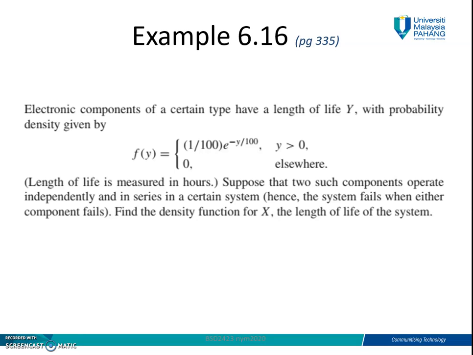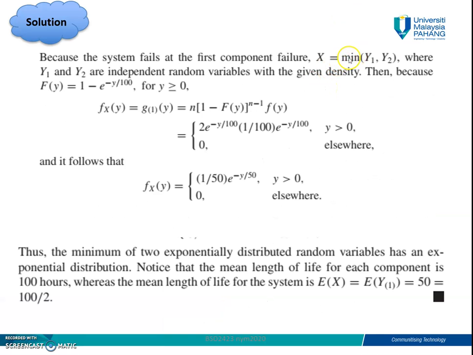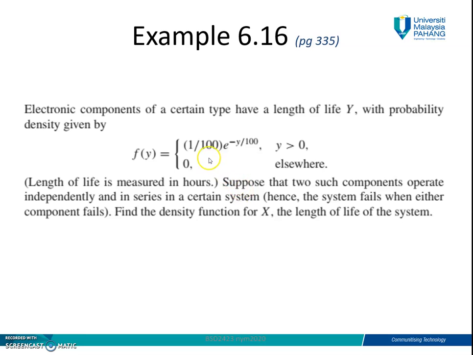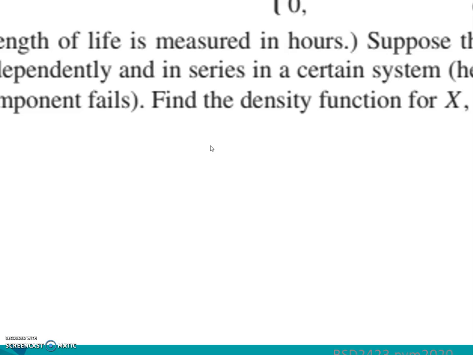Which one will give you the failure first? So we use the order statistic and find the minimum value between Y1 and Y2 first. You know that Y1 and Y2 are independent, so based on the density function, you get this for Y1, and this for Y2 as well.